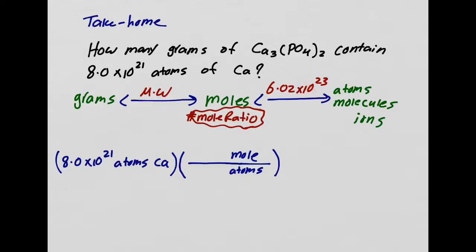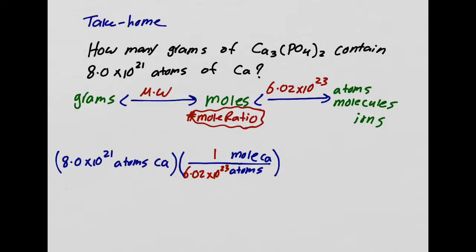Avogadro's number. And I keep repeating this, that Avogadro's number is for 1 mole. 1 mole is 6.02 times 10 to the 23rd. Avogadro's number is always for 1 mole. So far so good? Okay. And this was mole of calcium. So what I ended up doing, I converted atoms of calcium to moles of calcium.